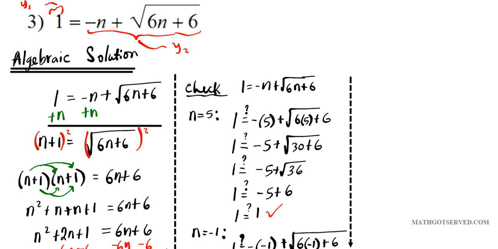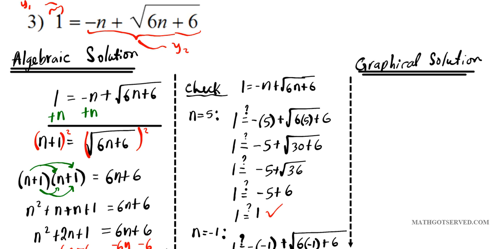The independent variable in the calculator is x, so instead of n, we're going to use x. Let's title it Graphical Solution. Hopefully we get the same answer as we did with our algebraic approach.